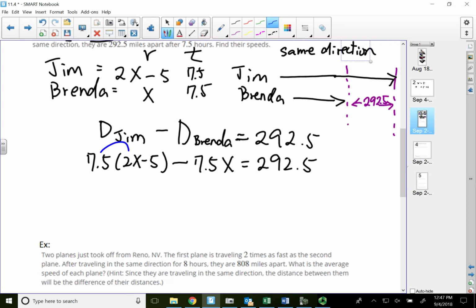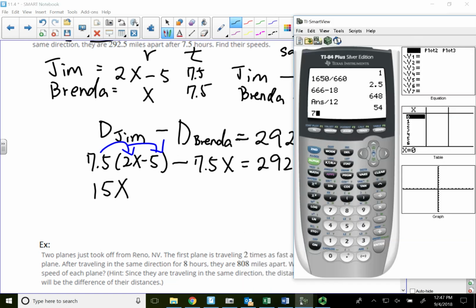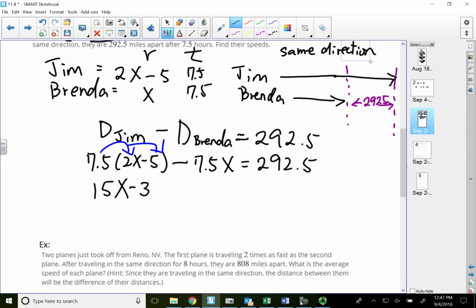All right, let's do a quick distribution. 7.5 times 2x is 15x. 7.5 times 5 is 37.5, so negative 37.5, minus 7.5x, equals 292.5. Combine like terms. 15 minus 7.5 is 7.5x.